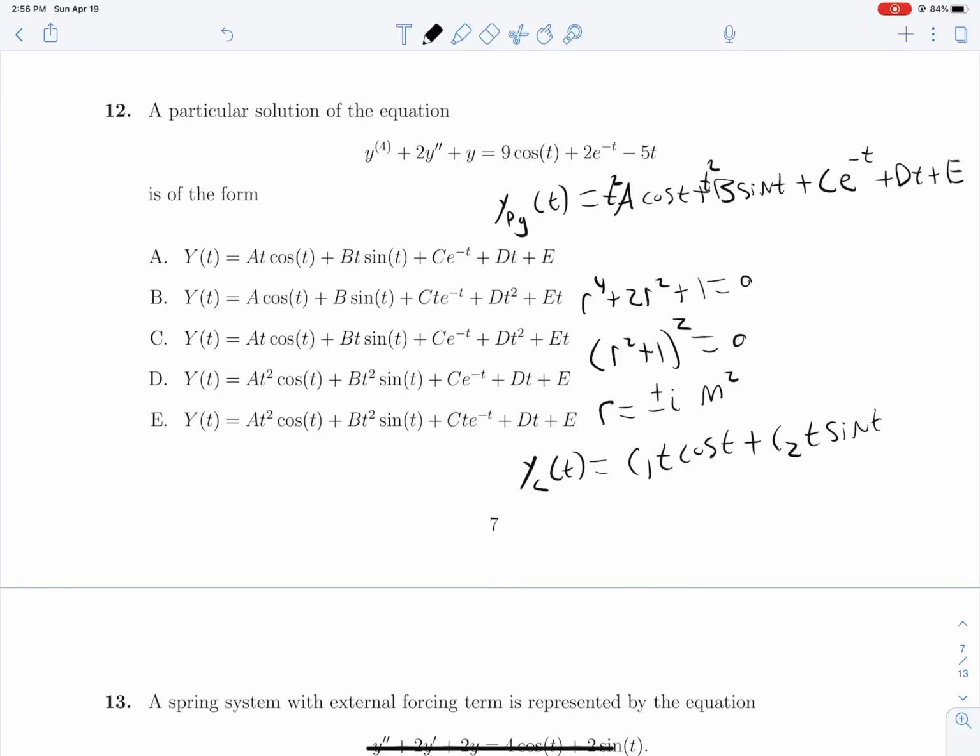I think it might have something to do with the fact that if we expand the sine and cosine term like we would to make a guess about a particular solution, this would end up being at plus b cosine t plus ct plus d sine t, and we would have overlap so long as the exponent on our t in the sine and cosine up in our particular solution guess is less than 2. But I'm still not particularly sure why this works the way that it does.